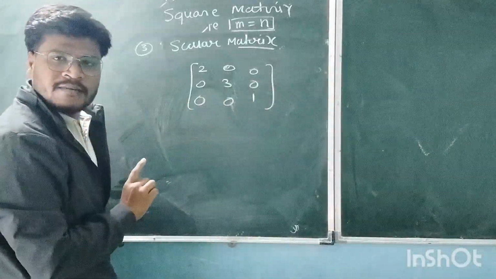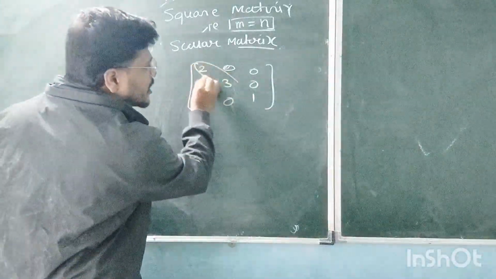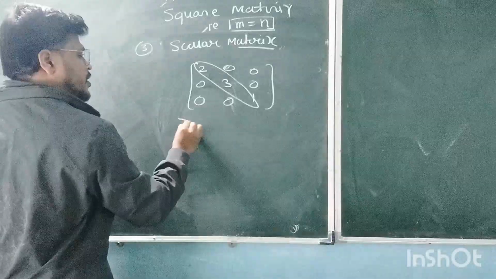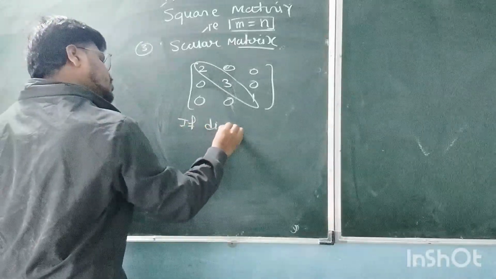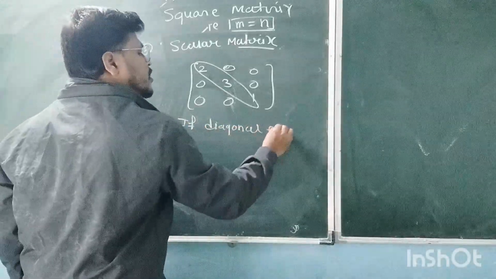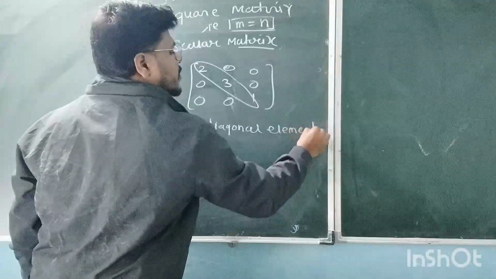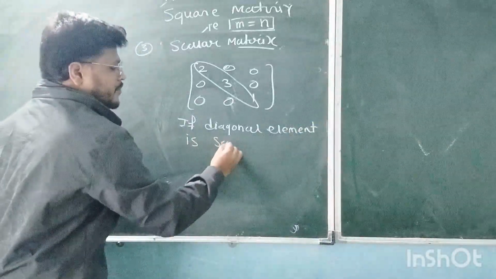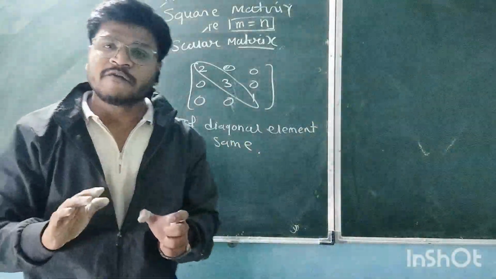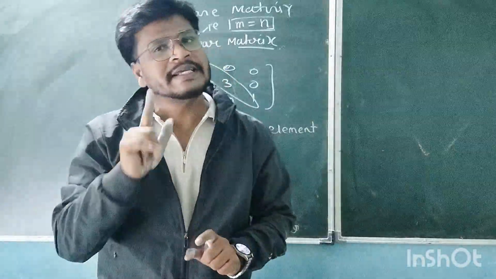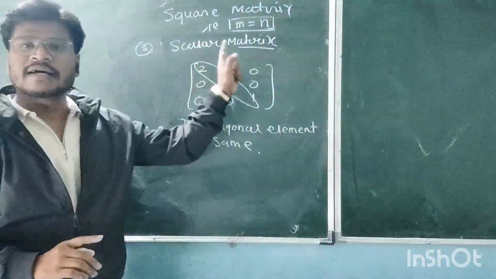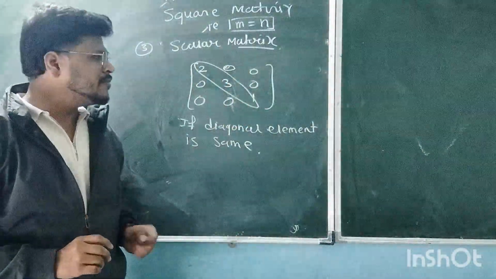It is called a scalar matrix if the diagonal elements are the same.